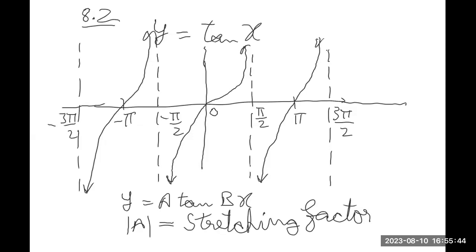Let's consider an example of this. This is problem number 22. And we have to graph tangent of pi over 2 x. So the first step in graphing the tan function is to find the vertical asymptotes.